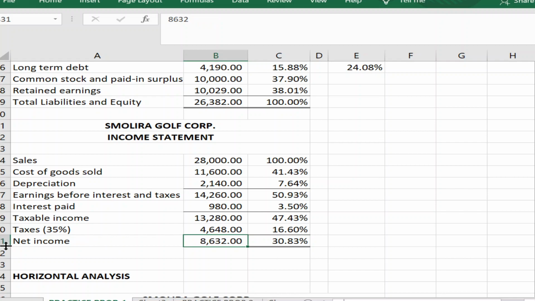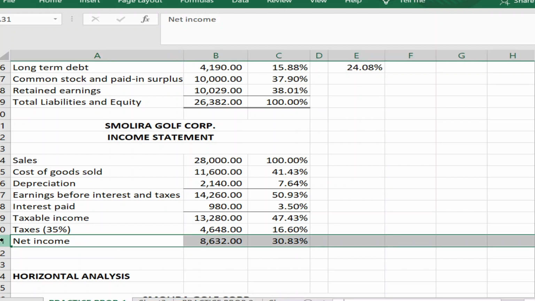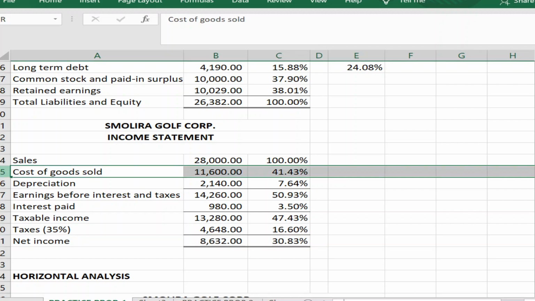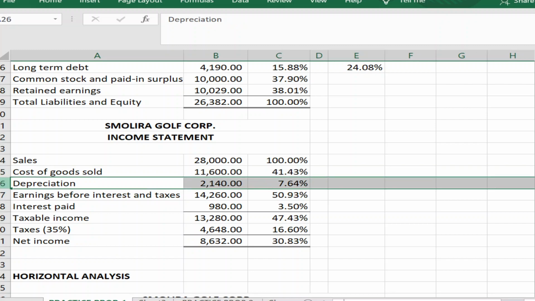This is already acceptable, but if we want to improve our net income and want it to be more in the next period, then we can focus our improvement measures on our cost of goods sold, because primarily this can be adjusted and improved. For our depreciation, this is based entirely on our fixed assets.